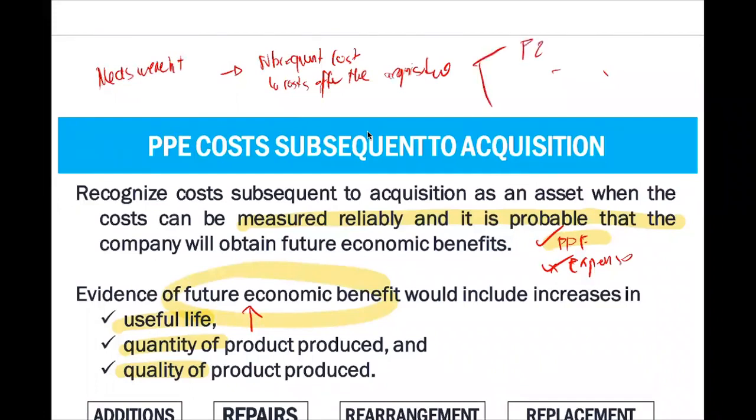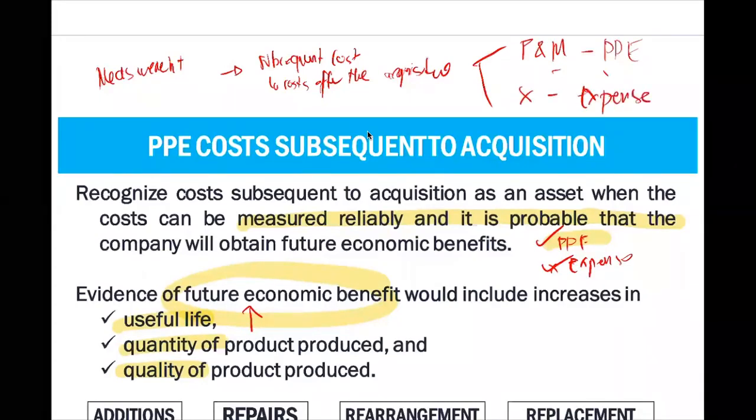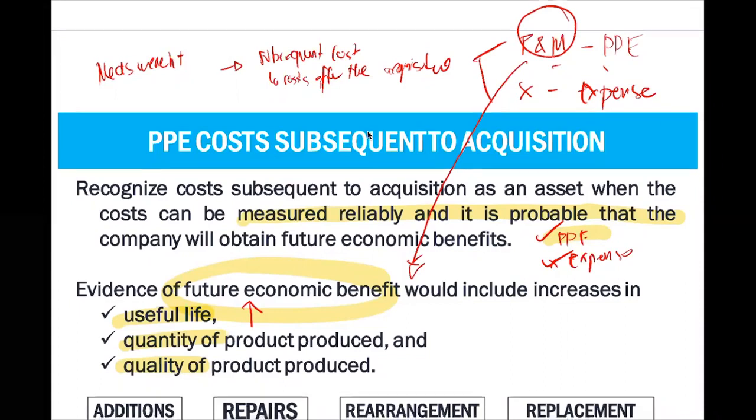If it is probable and measurable, you place it as part of your PPE. If not, you place it as part of your expense. When can we say it is probable and measurable? Here, if ever there is an increase in your useful life, if ever there is an increase in your quantity of product produced, if there is an increase on your quality of product produced.